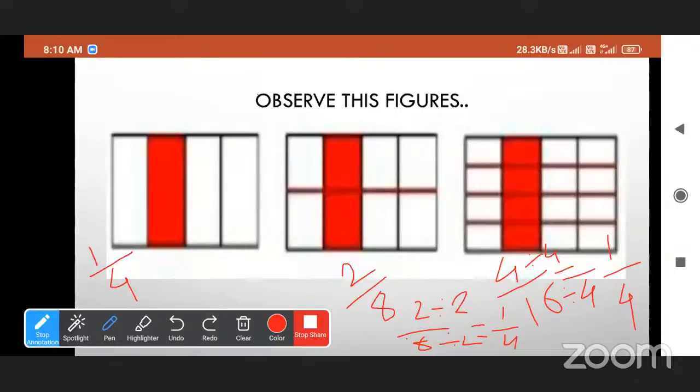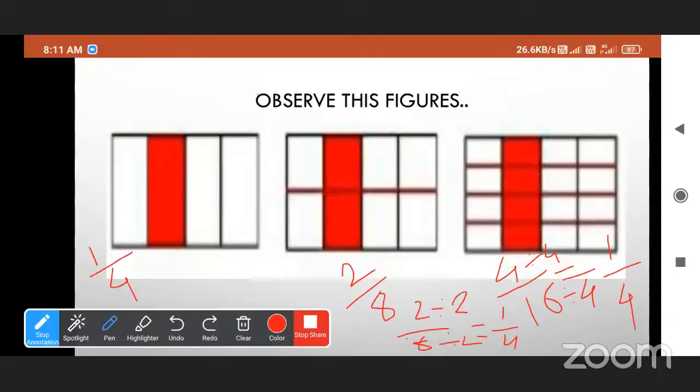So now see, all fractions are equal, the value of each fraction is equal. In the diagrams, the first is 1 upon 4, the second is 2 upon 8, and the third is 4 upon 16. The colored parts are equal in each diagram; only the total number of parts is different. So the value of each diagram is equal.